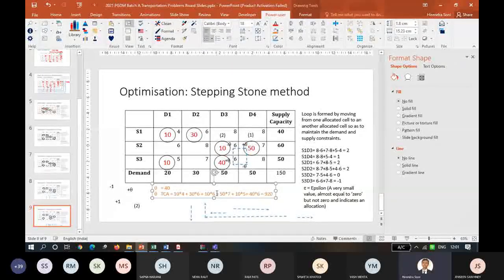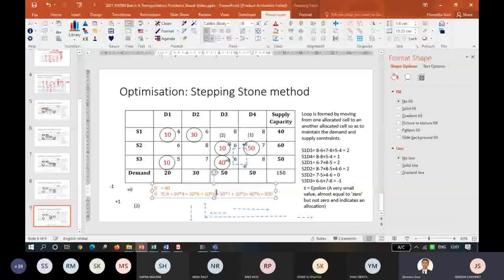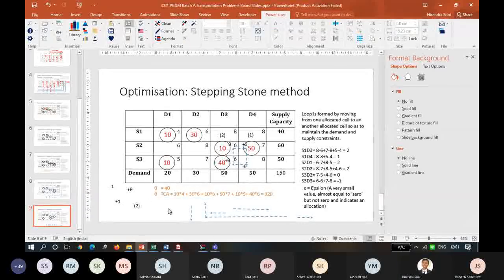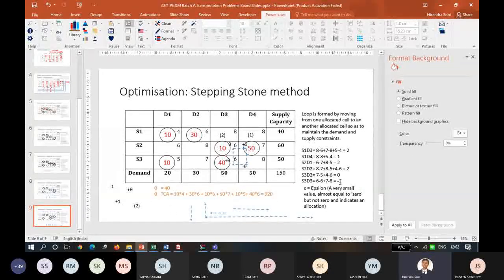Is this the optimal solution? When do we say that the solution is optimal? That means this is the best solution. M plus N minus 1. No, when all the opportunity cost values for the non-allocated cells come out to be positive or zero.